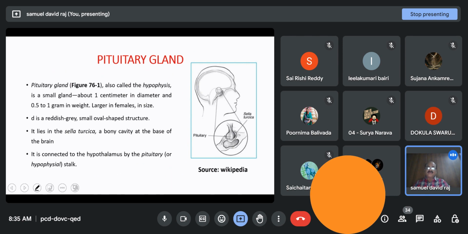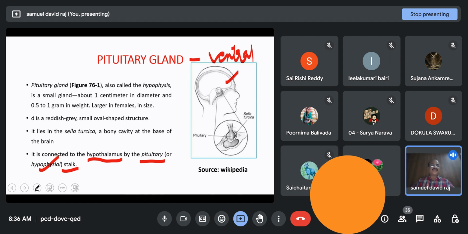It is connected to the hypothalamus by the pituitary stalk, also called hypophyseal stalk. So, you see from this diagram, pituitary gland is present on the ventral side of the brain.